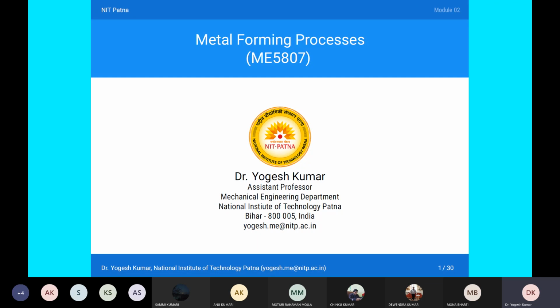We will be talking in detail about metal forming processes one by one from module 3 onward. But module 1 and 2 cover the elementary knowledge required to understand your metal forming processes.